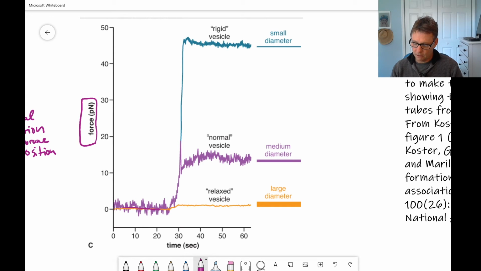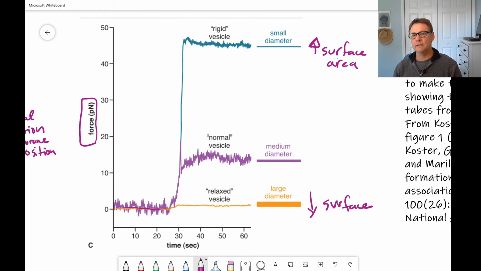So remember, the smaller diameter has increased surface area potential. Or I could just say surface area. And down here, the larger diameter has decreased surface area. So if you needed to maximize surface area, you would want a rigid membrane, but you're going to have to figure out a mechanism in order to overcome this force barrier to pull it out.